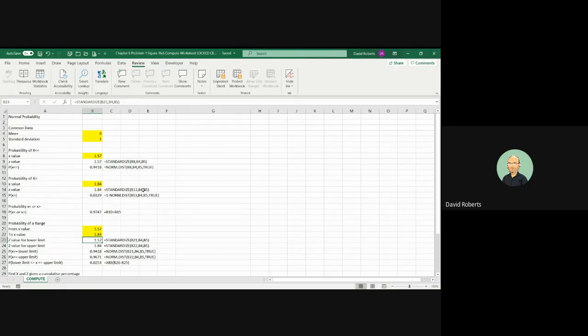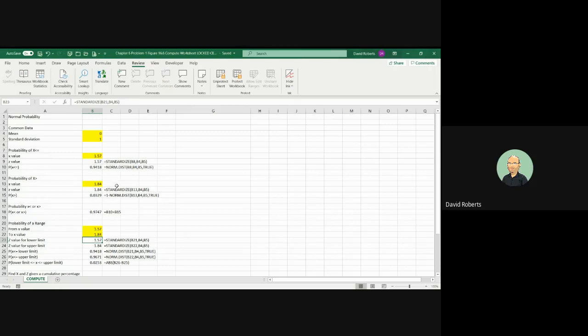So in part A, after you enter an x value of 1.57, which is the same as the z-score, you wind up with an answer in B10, 94.18%.